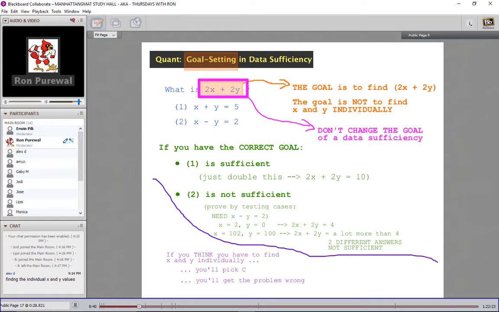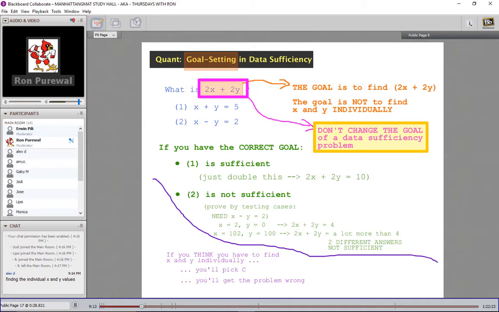And one thing that might tempt you to do that is if you overdo this whole notion of rephrasing. The materials do talk about rephrasing when it comes to data sufficiency. You should only rephrase things if you are absolutely sure that they are equivalent to the original. Like, if the question says, what is 2x? And you say, I just need to find x. That's a rephrase. You can do that.